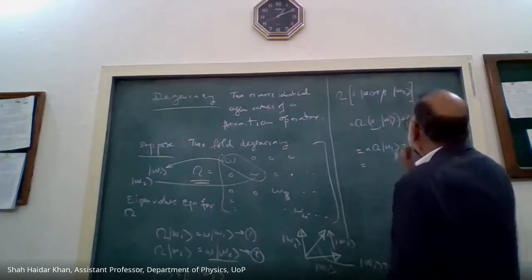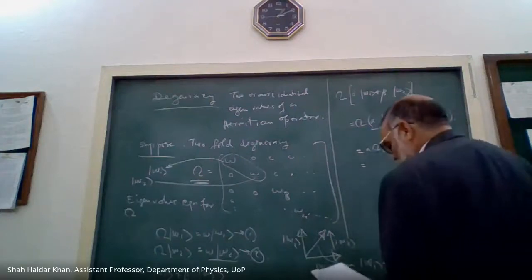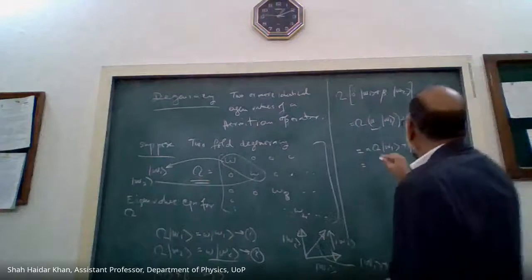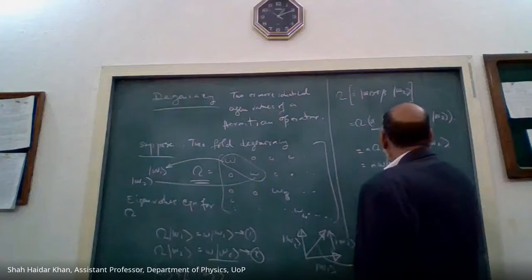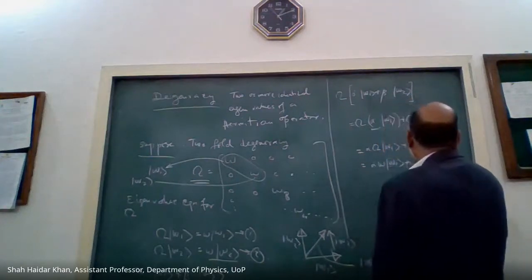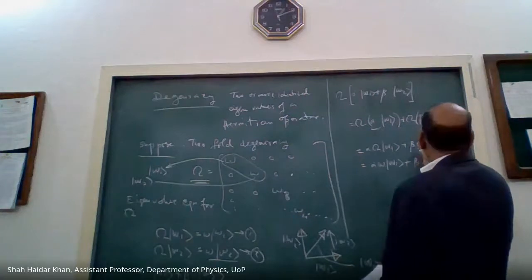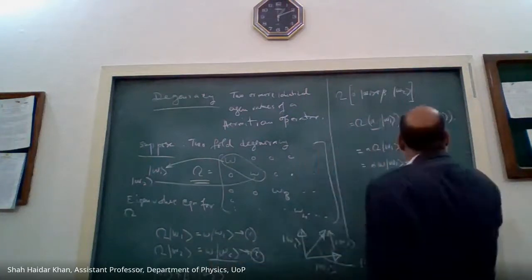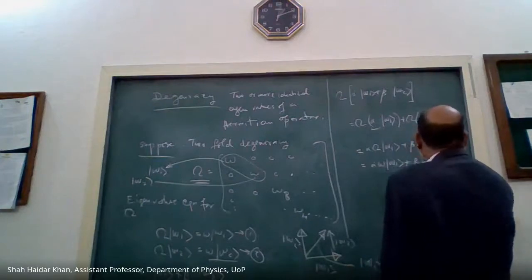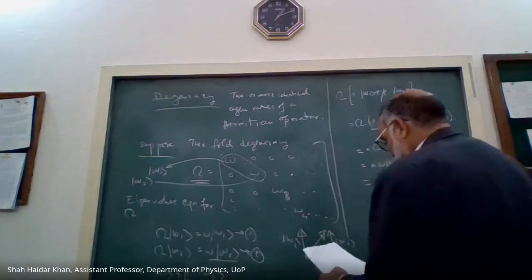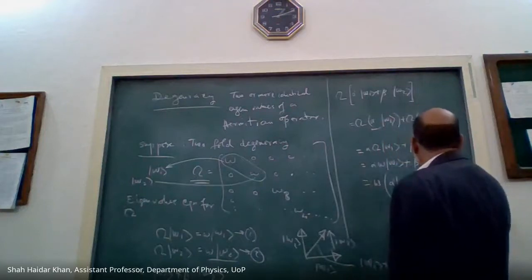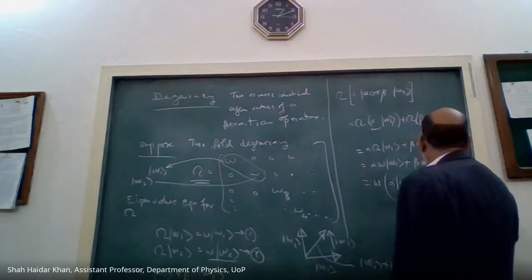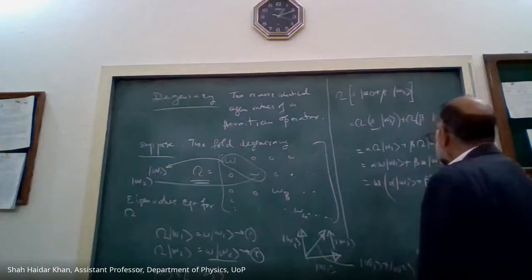Now look, when the operator acts on this, we get omega times alpha omega 1 plus omega times beta omega 2, or we can write this as omega times alpha omega 1 plus beta omega 2.